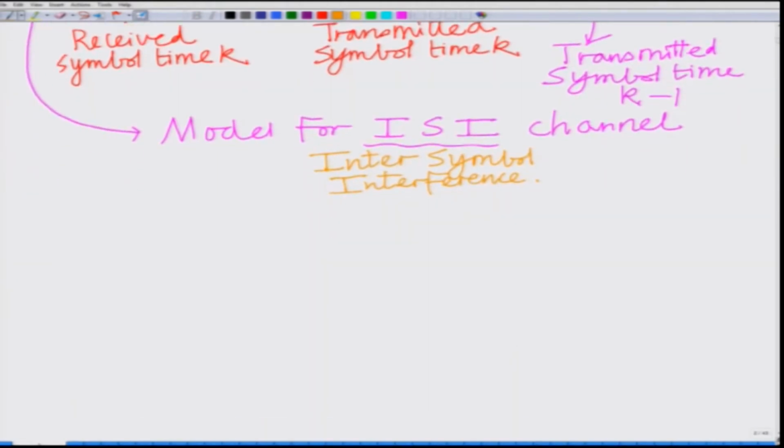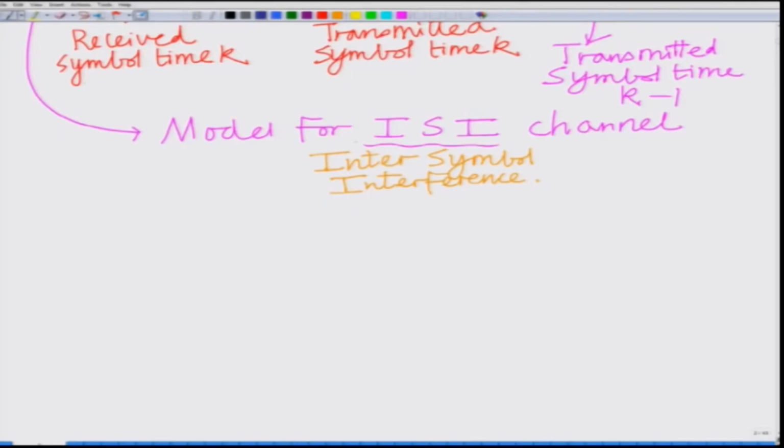And previously we have seen that equalization is a technology to overcome inter-symbol interference. Now what we are saying is that OFDM is another technology which can overcome this inter-symbol interference, and very efficiently. We are going to see that.